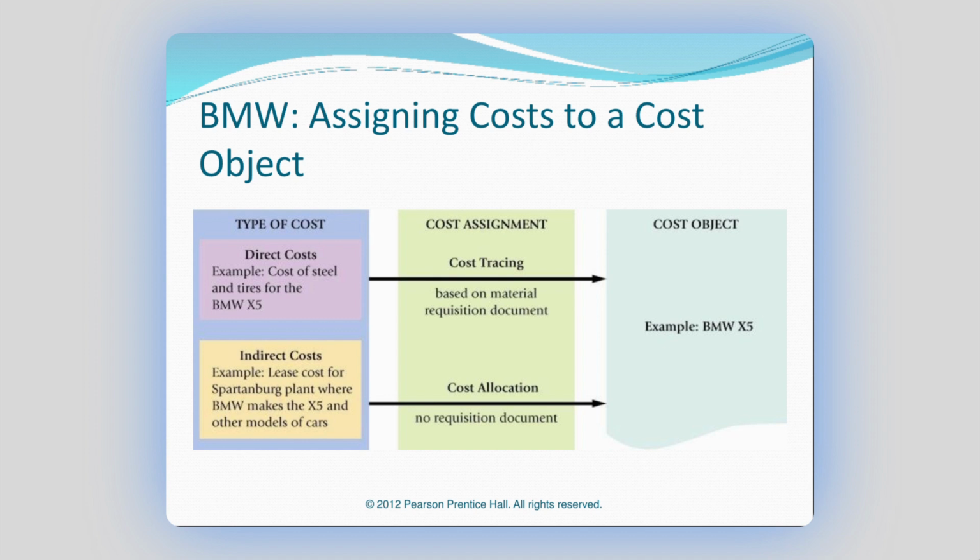Okay, so in terms of your cost assignment naman, your cost tracing in terms of the materials requisition, and cost allocation if there's no document. Kaya nga, class, di ba? Anong ginagawa natin? Okay? So, in terms of your cost assignment, particularly for this, if there's no requisition, that would be cost allocation.